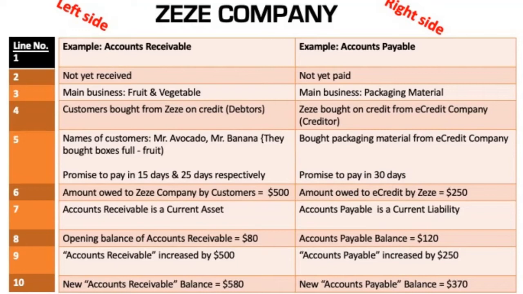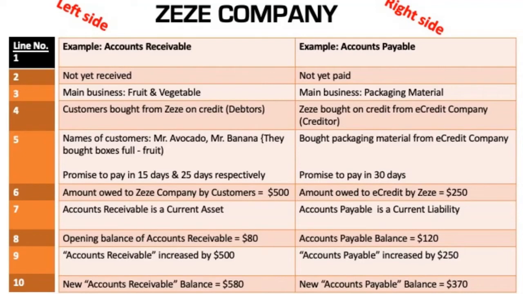They bought boxes full of different types of fruits, including avocados, bananas, and others. They've bought fruit on credit, and they have promised to pay within 15 days.